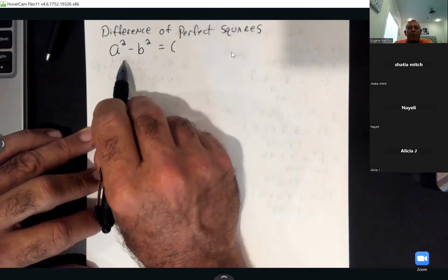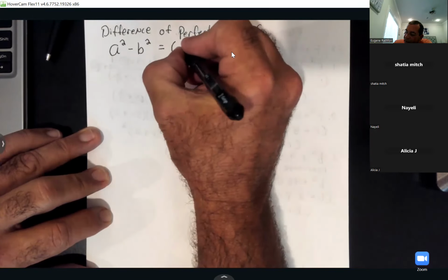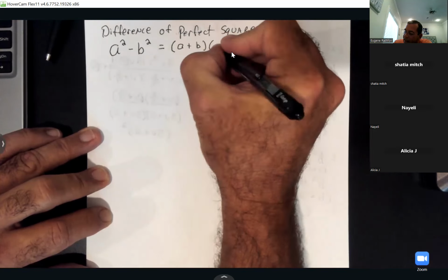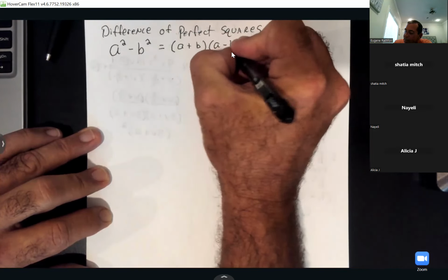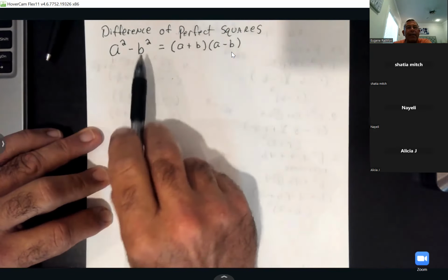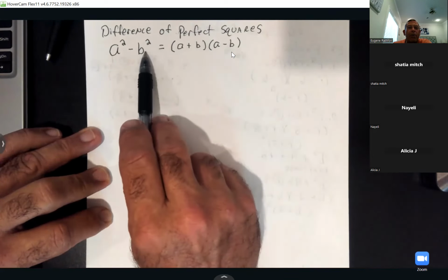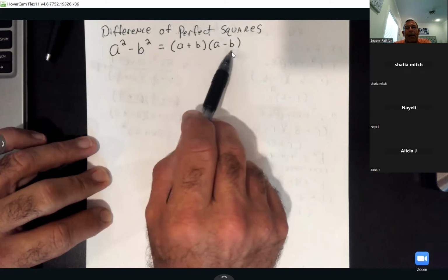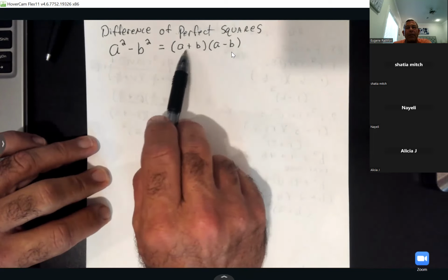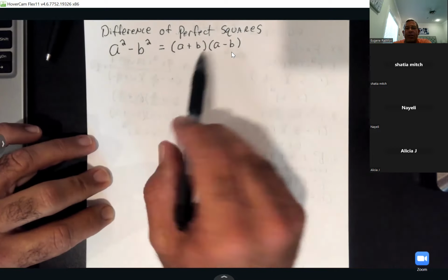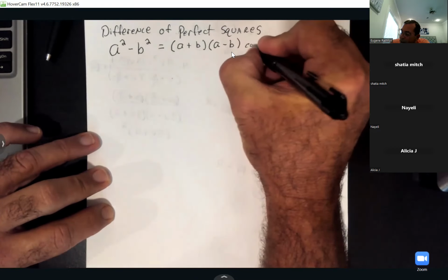If we have difference of perfect squares, they'll factor into a plus b times a minus b. So basically, the square root of a goes in front of both. The square root of the b goes at the back of both. One is positive, one is negative. This factors into what we call conjugate pairs, remember.